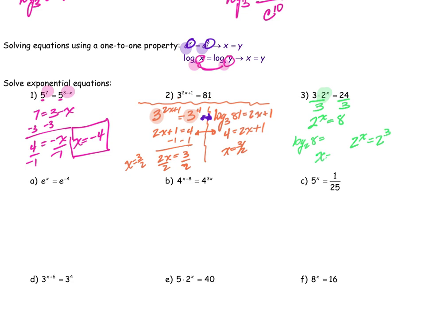So x equals 3 in either case. I don't care which way you think about it, either this way or this way. You don't have to think about it both ways, by the way. Just choose one, whichever one you like the best. But know that you may have to do both eventually. Okay? Questions?